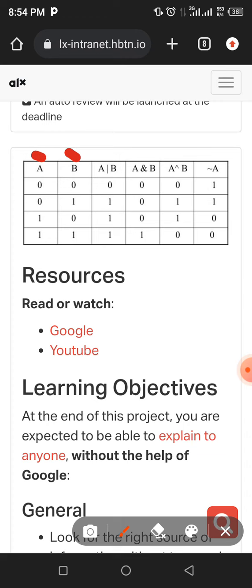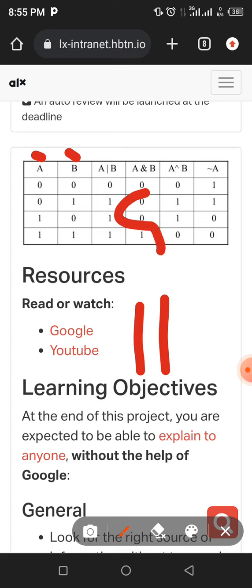A bitwise operation, although we have the double slash like this, which means or, and we have the and sign, this and sign, like two bits. We have this, which means the two conditions must be true.